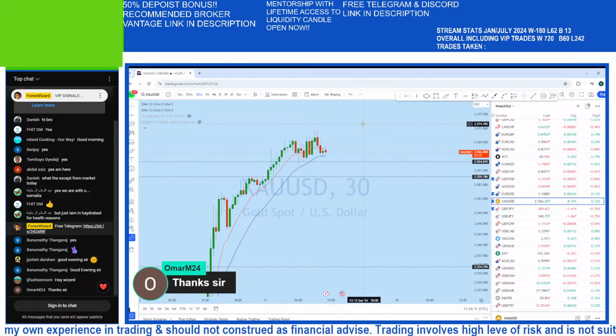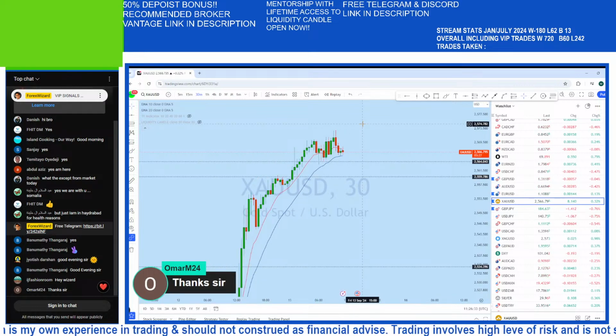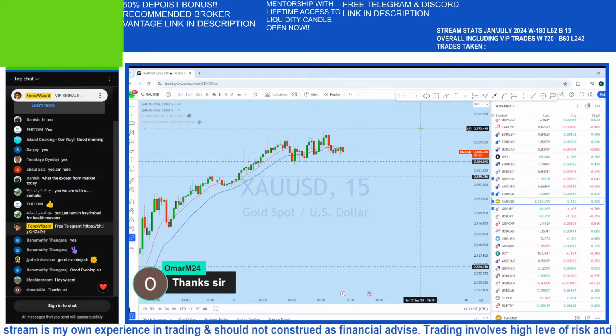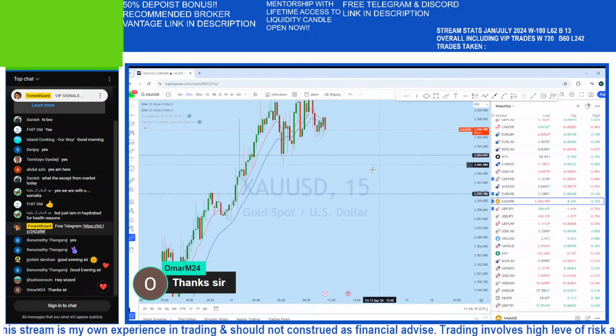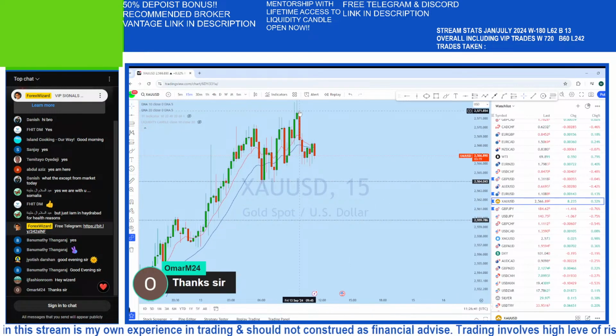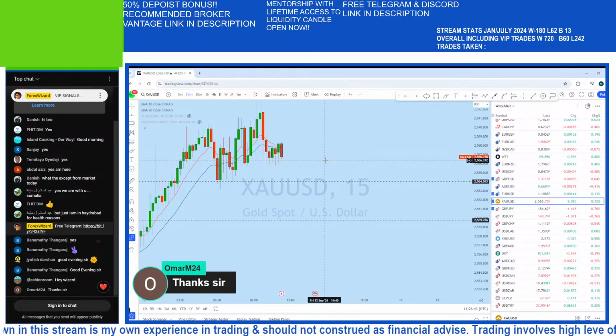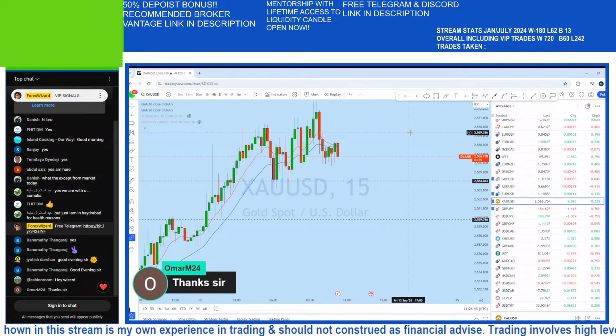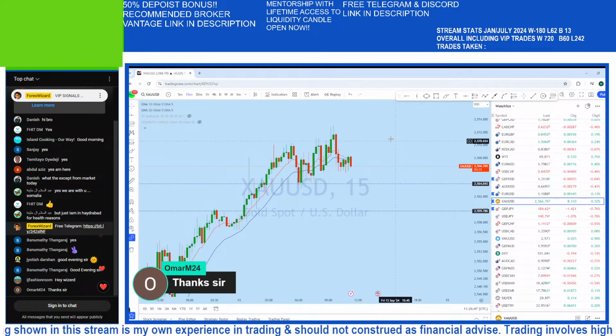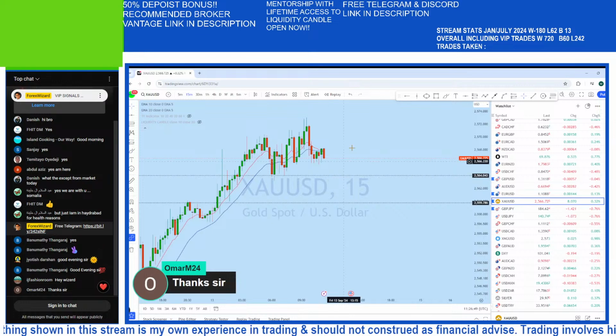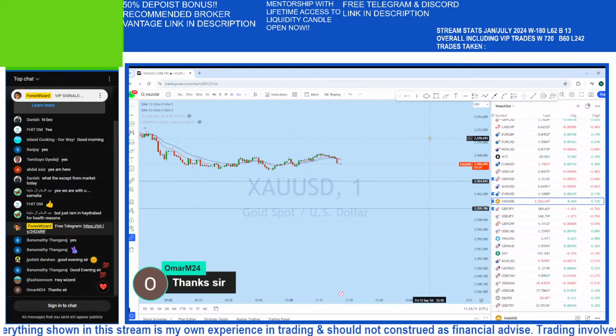Okay, so what we can see here is the 15-minute perspective. On the 15 minutes, a pretty strong drop and then consolidation. Therefore, you can see in the lower time frame it's now dropping back down.